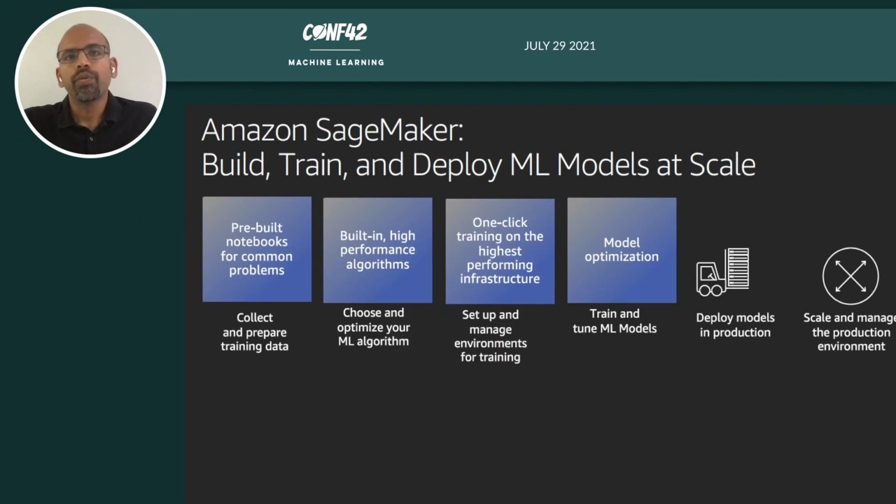Now, what if the model is not optimal enough? As I said, there are so many optimization techniques that are available for you. Usually, let's say you create a model and it is not really performing well.